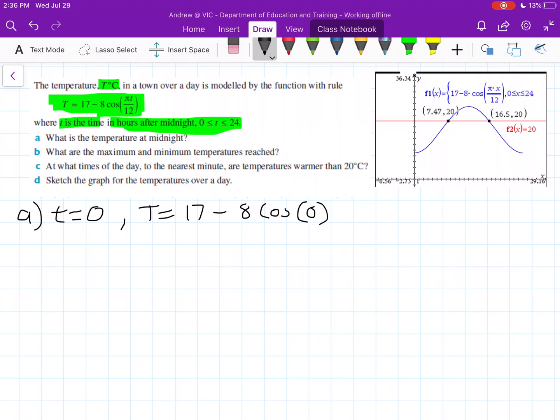We actually don't even need a calculator for this one. So 17 minus 8, and cosine of 0 is actually 1, so it's 8 times 1. So 17 minus 8 gives us 9 degrees Celsius at midnight.